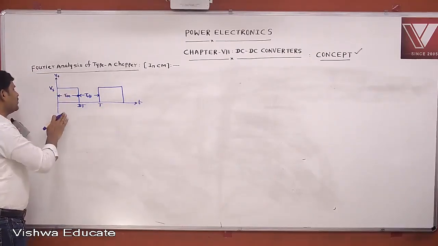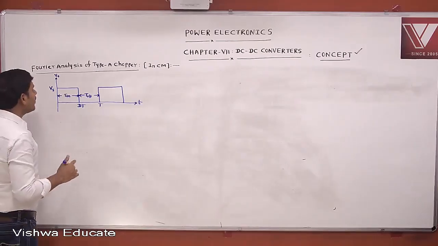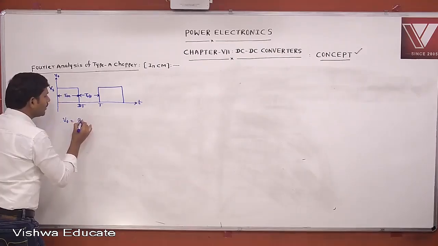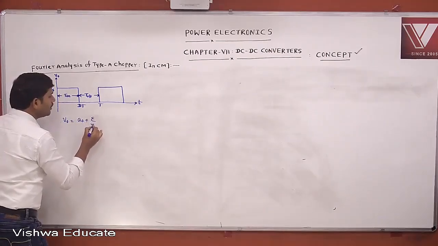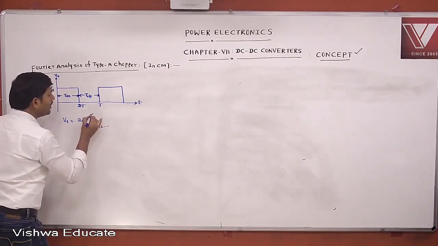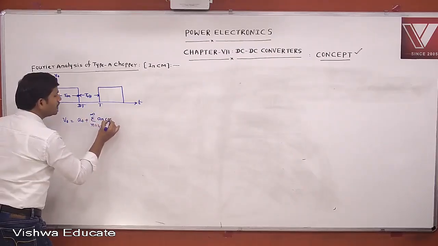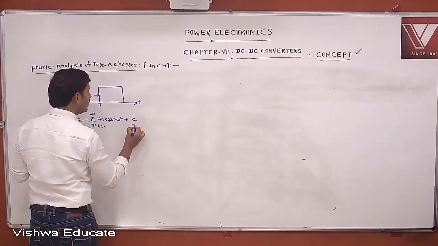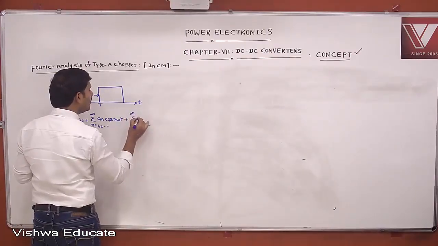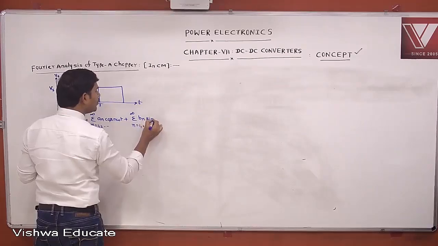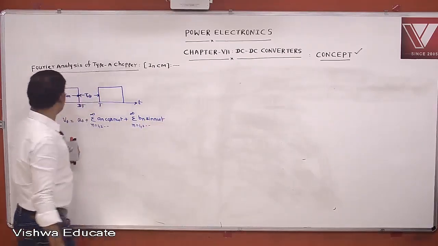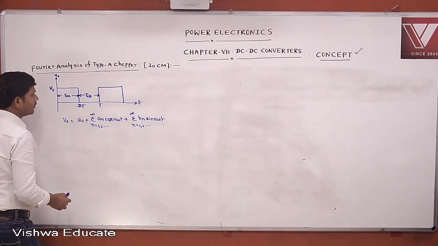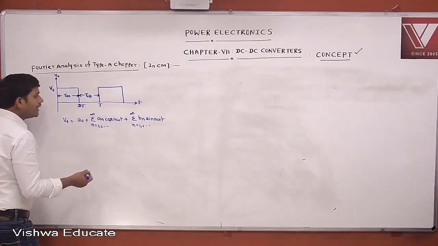Whatever this pulsating DC we are applying, if you apply Fourier analysis, V0 equal to A0 plus summation n equal to 1 to infinity An cos n omega t plus summation n equal to 1 to infinity Bn sin n omega t. Then in this you calculate A0, An and Bn.